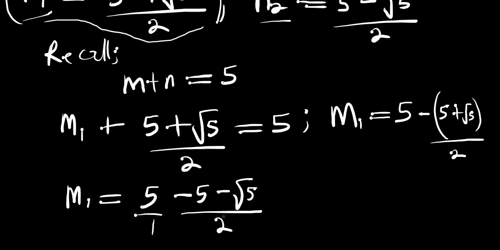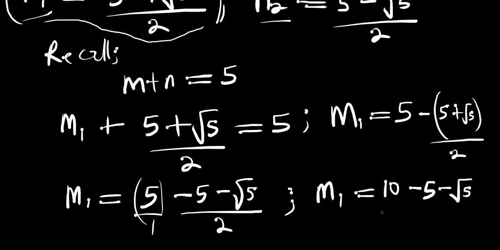So we can multiply everything here by 2. So this will give us m1 equals 2 times 5, we are going to have 10, we have 10 minus 5 minus root of 5 all divided by 2.